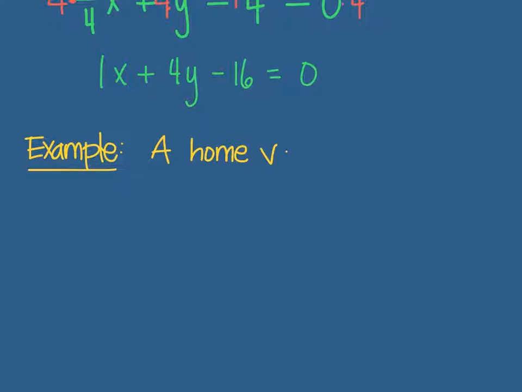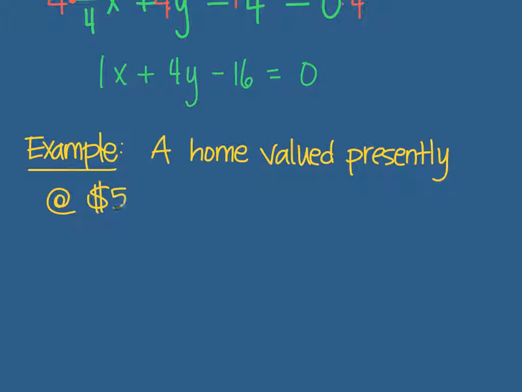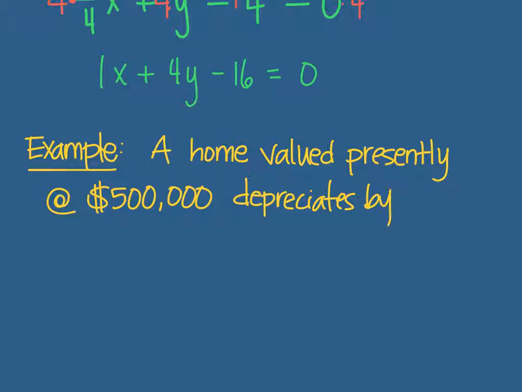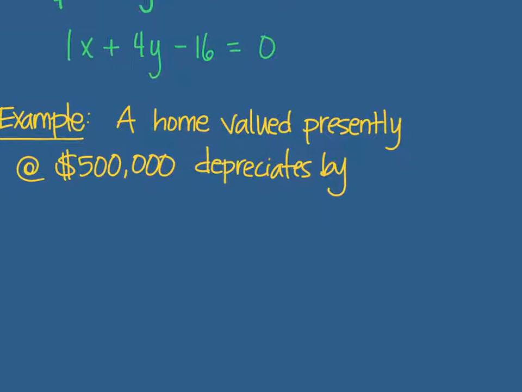A home valued presently, or now, at $500,000 depreciates, that means it decreases in value, by $12,000 per year.